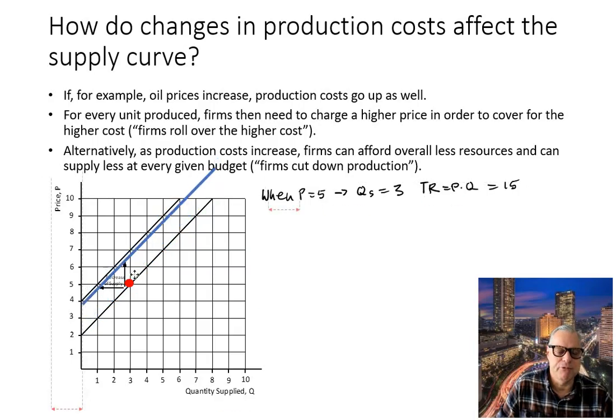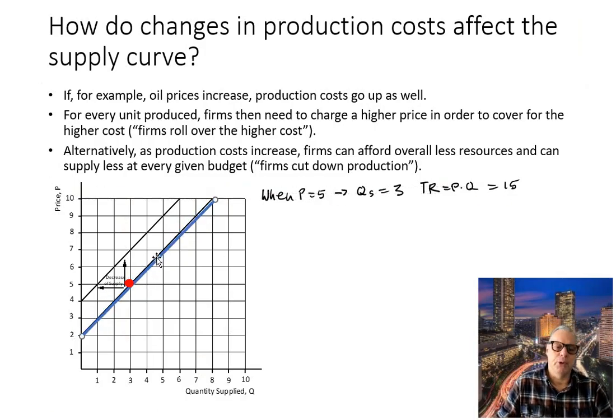That would be an upward shift. But if you argue that at any given price and the corresponding total revenue, when prices go up, well, it can only produce less and supply shifts to the left. Okay, so the point is when production costs go up, supply decreases.